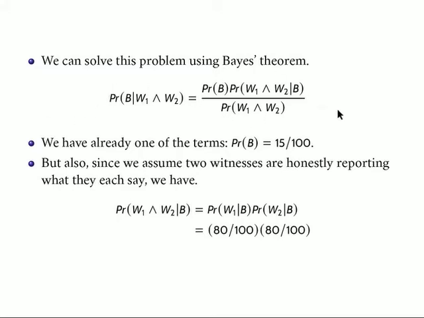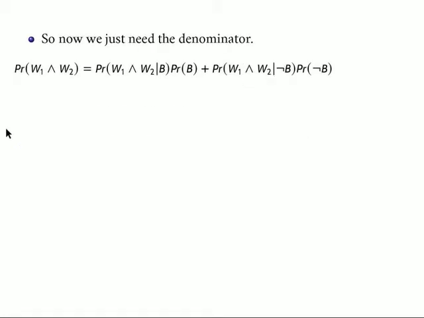But now we have to think about the denominator, for which we apply the law of total probability. The law of total probability tells us that the unconditional probability of the evidence of the witnesses saying it was blue equals the probability of them saying it was blue, given that it was blue, times the unconditional probability of it being blue.